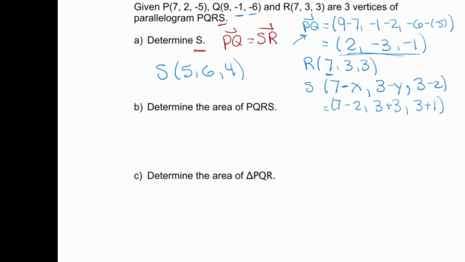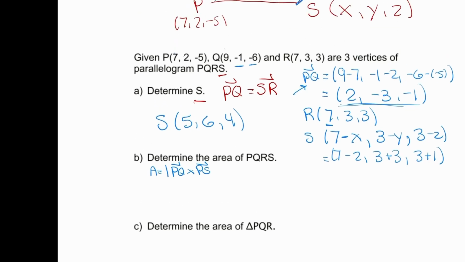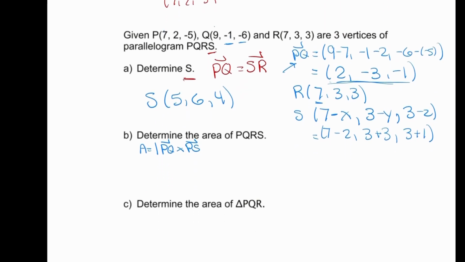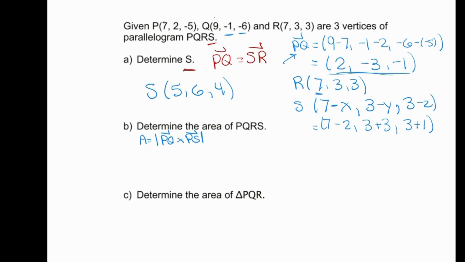So the area is equal to the magnitude of the cross product between the base and the two sides. So the area will be the length of this side times the length of our other side, PQ times PS, and we just want the magnitude of it.